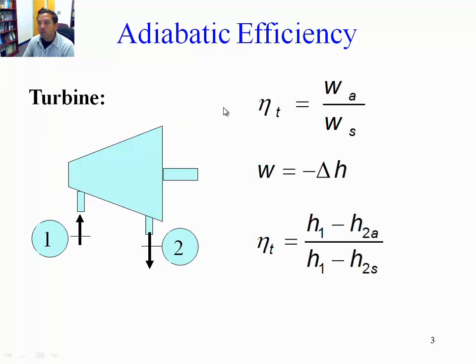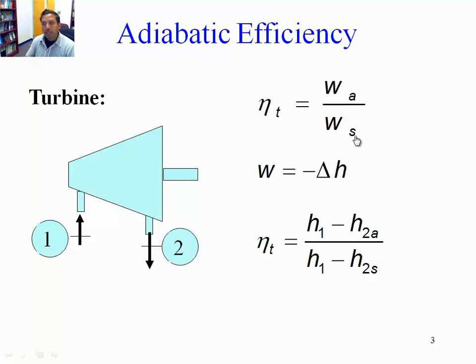So in the case of turbines, for example, remember that a basic turbine is a single input, single output, and it's a power producing device, so it produces a positive amount of power out of the shaft. The adiabatic efficiency of a turbine is defined as the work that it would produce adiabatically divided by the work that it would produce isentropically.